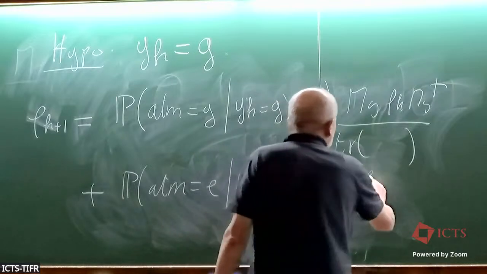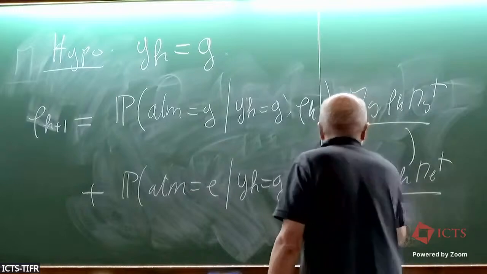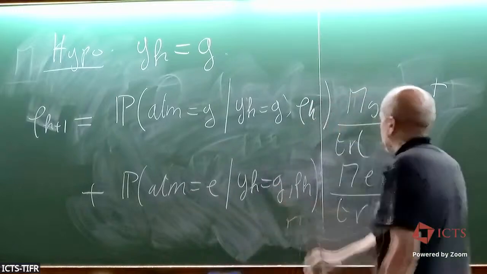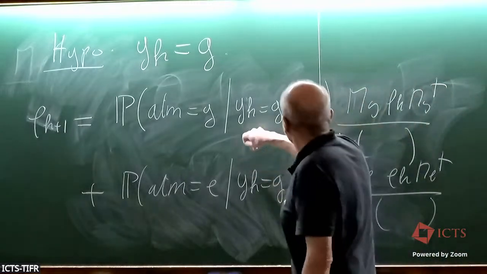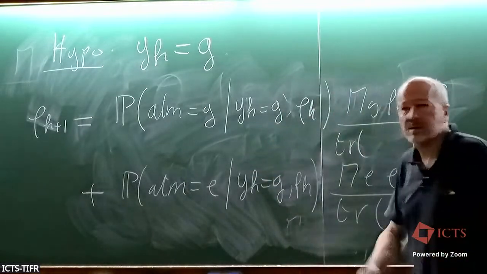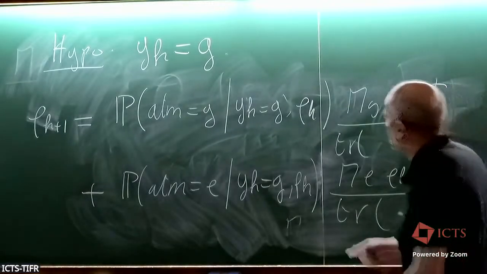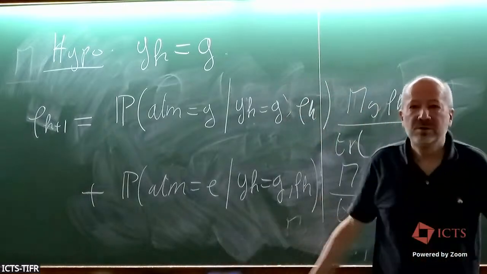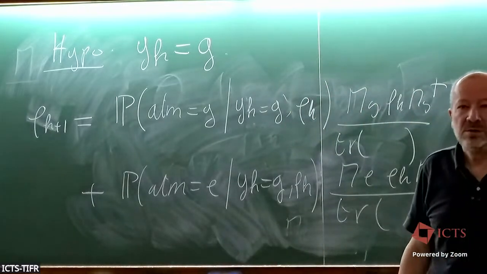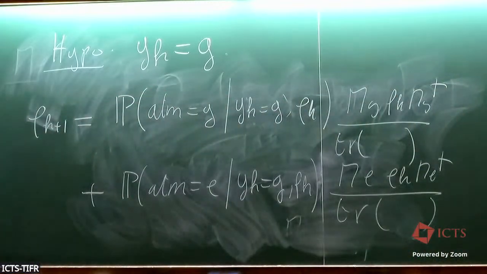And here I have Me rho k Me dag over the trace. And so rho k is always in the conditional probability, okay? What I have to do is to reverse these two. And to reverse these two, all you have to do is to use Bayes rule.